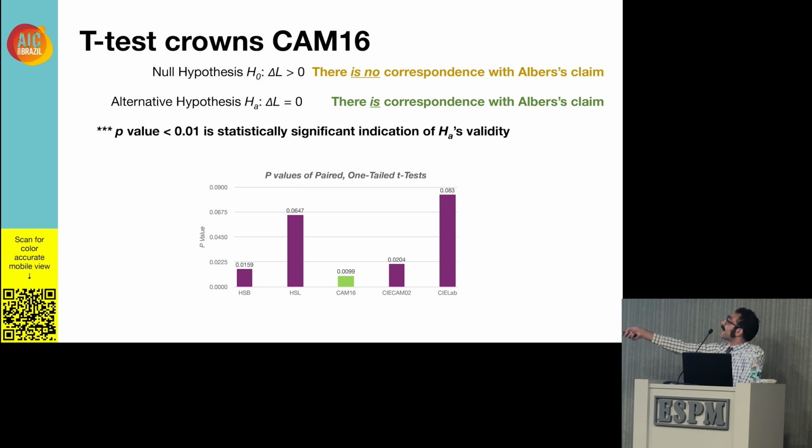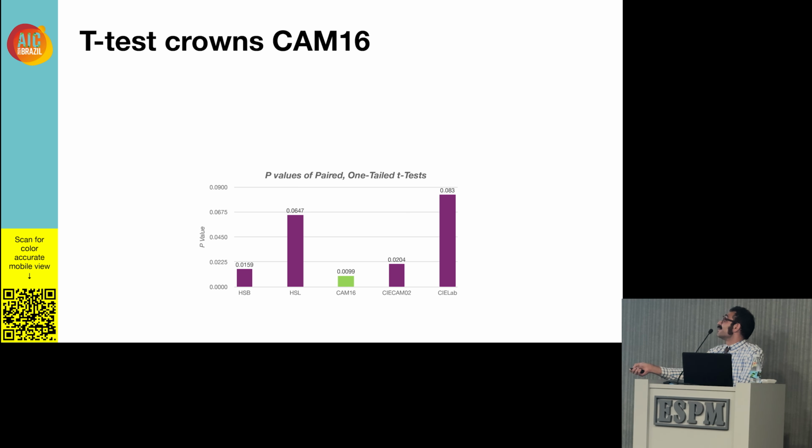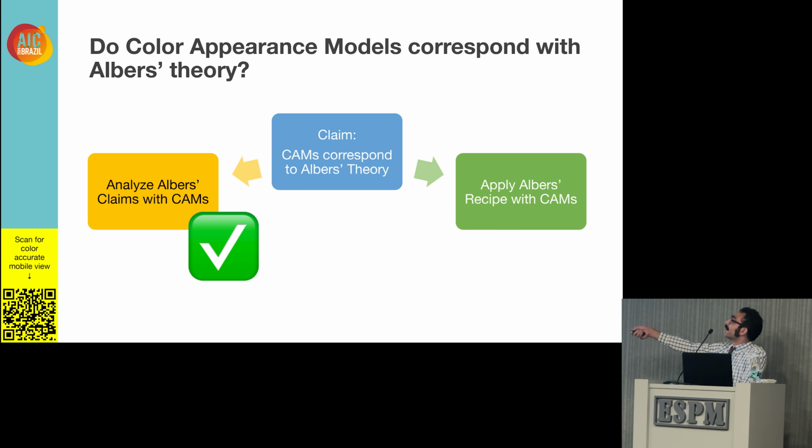With a p-value of 0.01 as our statistical significance threshold, we find that CAM16 was the only system that was statistically significantly corresponding with Albers' claim of equivalent lightness. So when we do the reverse engineering and measure what his folios are saying, we see that CAMs are corresponding with Albers' claims.